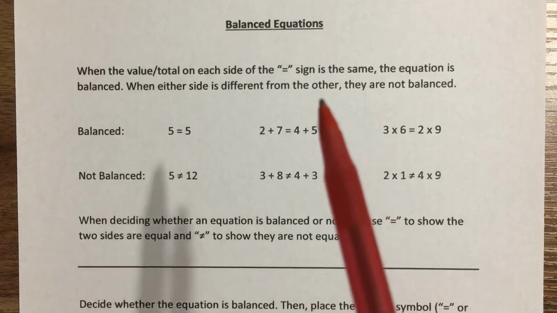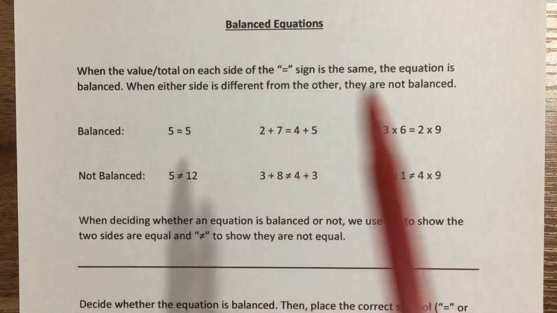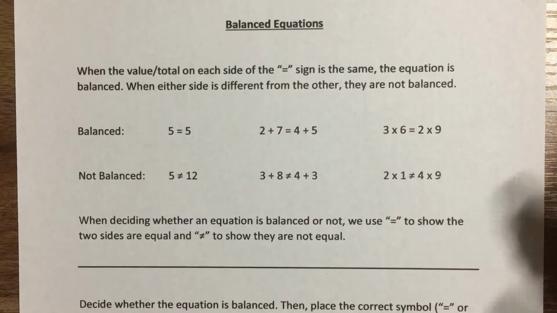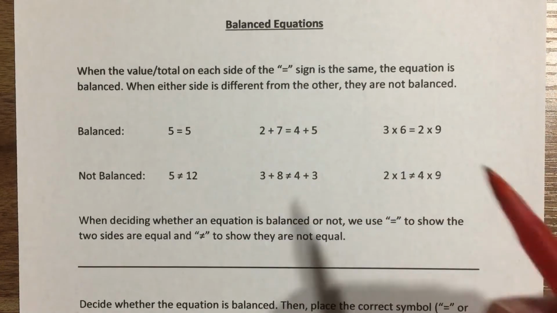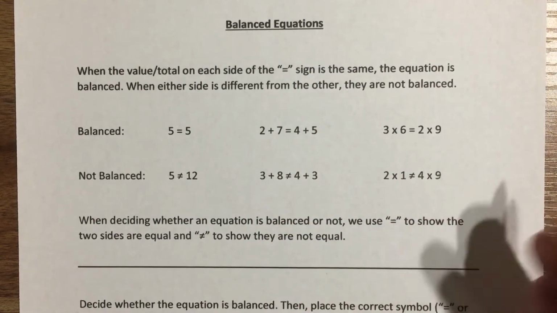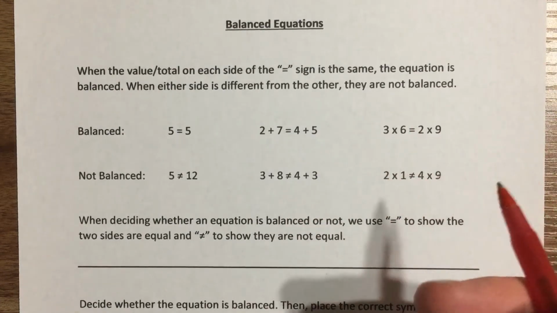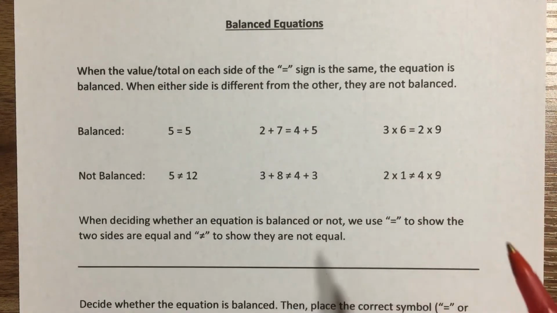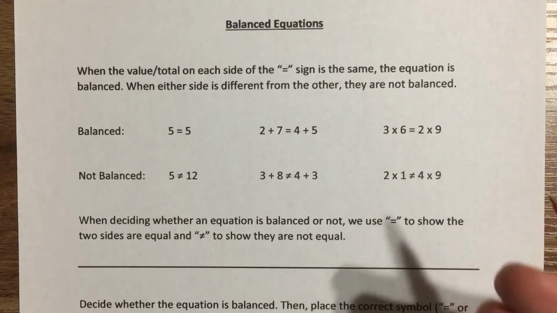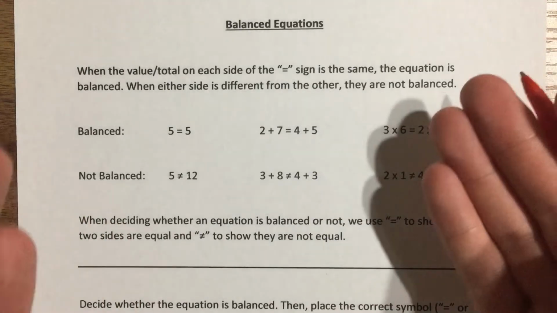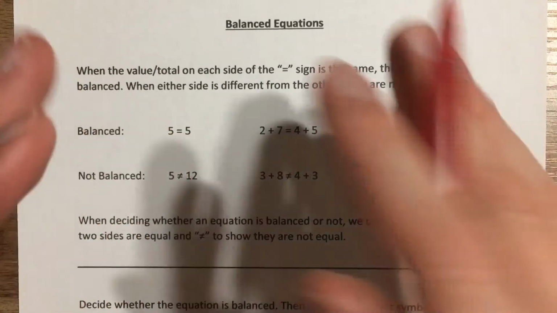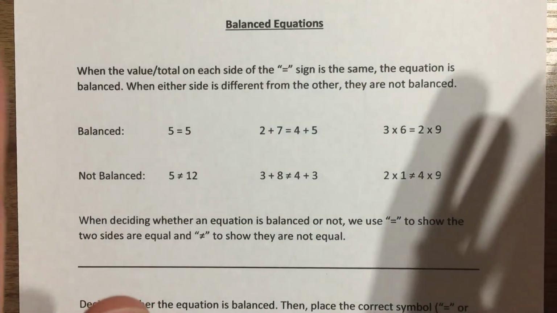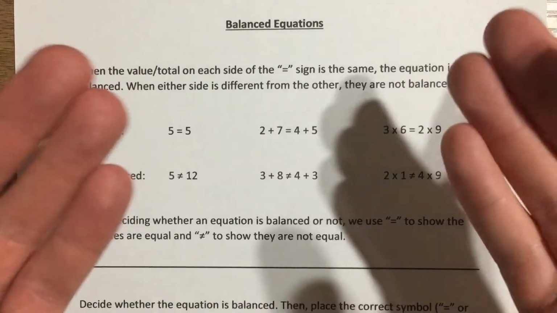Just a refresher. When the value or the total on one side of the equal sign is the same as the value on the other side, when both sides are the same total or the same value, the equation is balanced. Just like a balance beam. If everything is the same on both sides, the balance beam is flat, which means everything is nice and even on both sides.